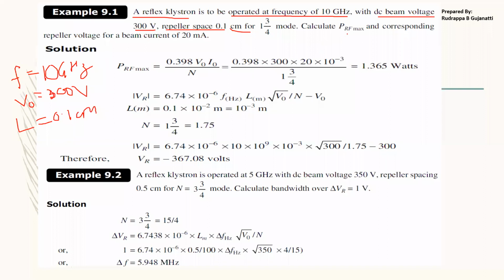Now what he wants is to calculate the maximum RF output power corresponding to the repeller voltage for a beam current of 20 milliamperes. So he has given the beam current, which is 20 milliamps. So he wants to identify PRF max.